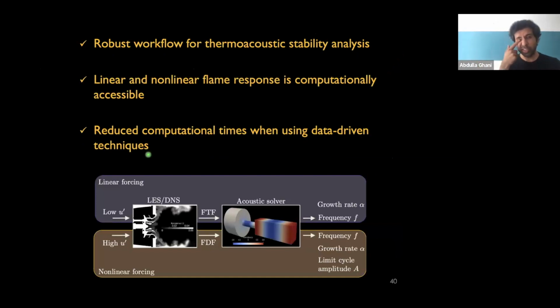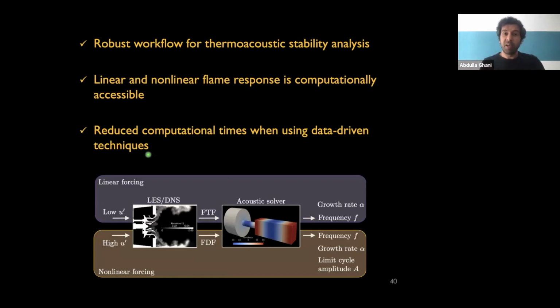So I give just an intermediate summary here. There is a robust workflow to study thermoacoustic instabilities experimentally, numerically, but especially for the numerical people, computational cost is the restricting point. And generating time signals is directly correlated with computational time, sorry.